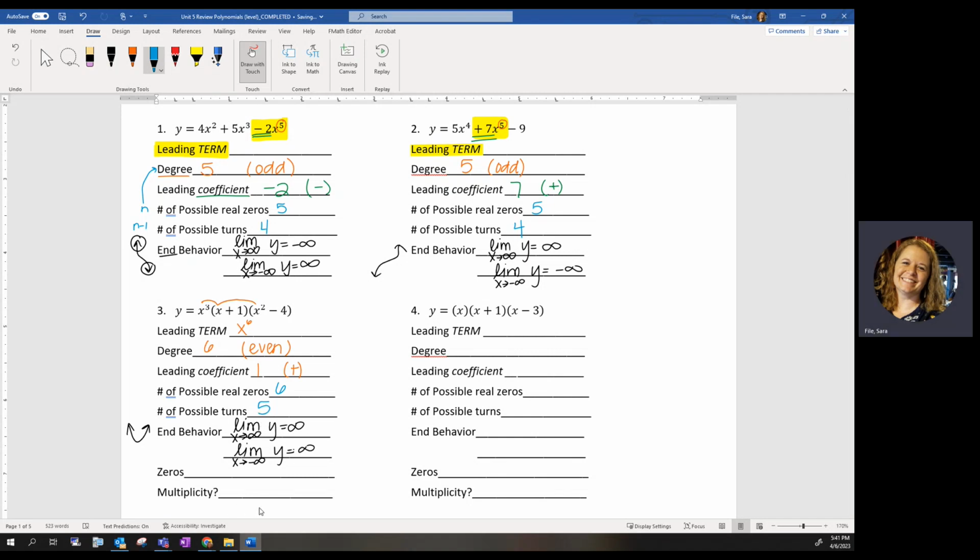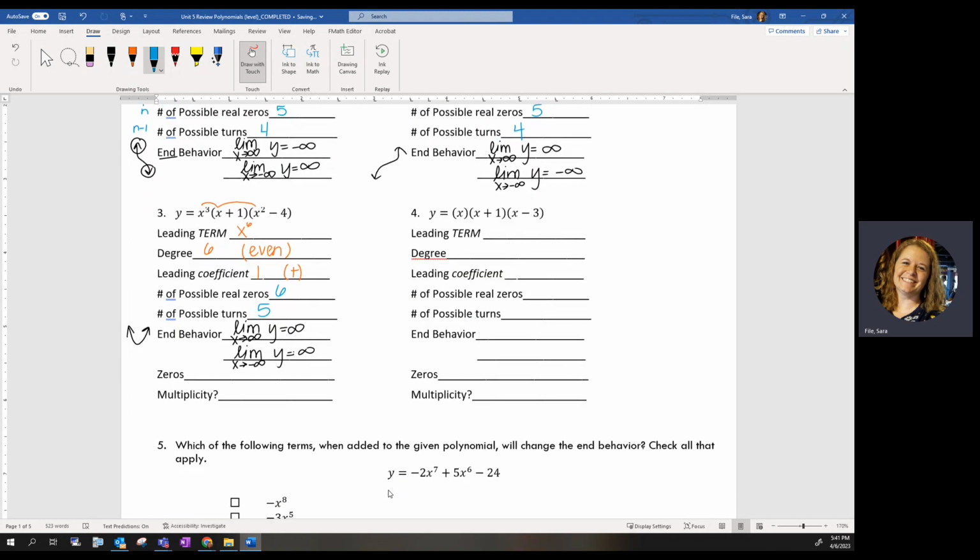Now something extra that this one asks about that the others didn't is, what are the zeros and what is their multiplicity? So the zeros, once it's in factored form, I can just set each of these factors equal to 0 and solve. Well, if I set x cubed equal to 0, I would take the cube root of 0, it's still 0. So there's a 0 or a root or a solution or an x-intercept, however you want to think of it, at 0.